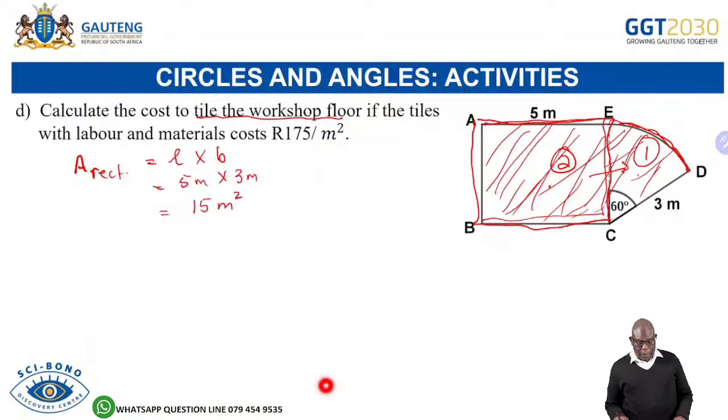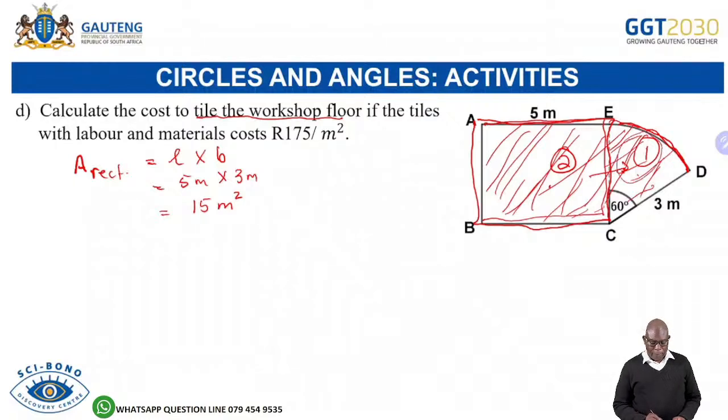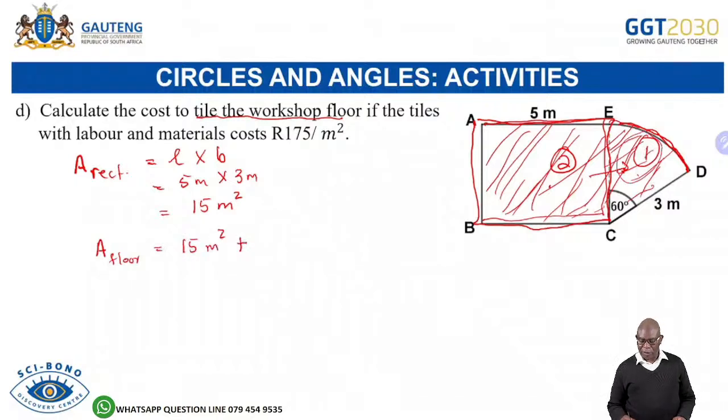Right. But I know the area of this part here. So the area of this part 1, plus the area of the whole floor will be 15 square meters, plus the area of this part, which I got was 4.71, if I'm not mistaken, square meters.